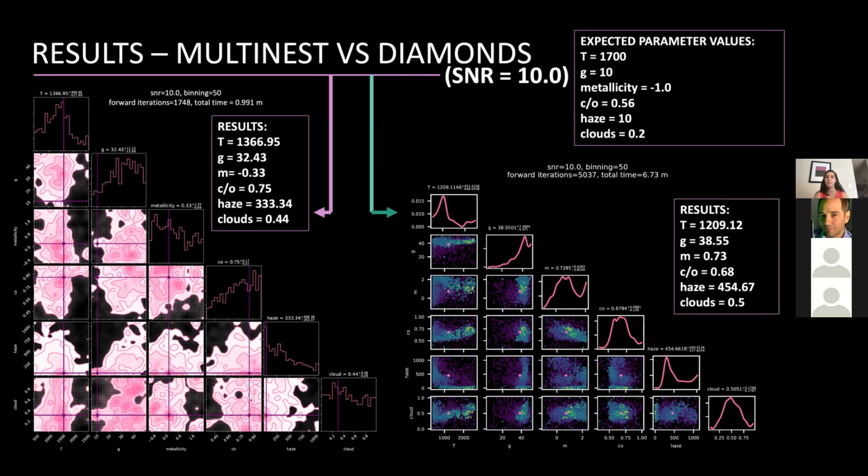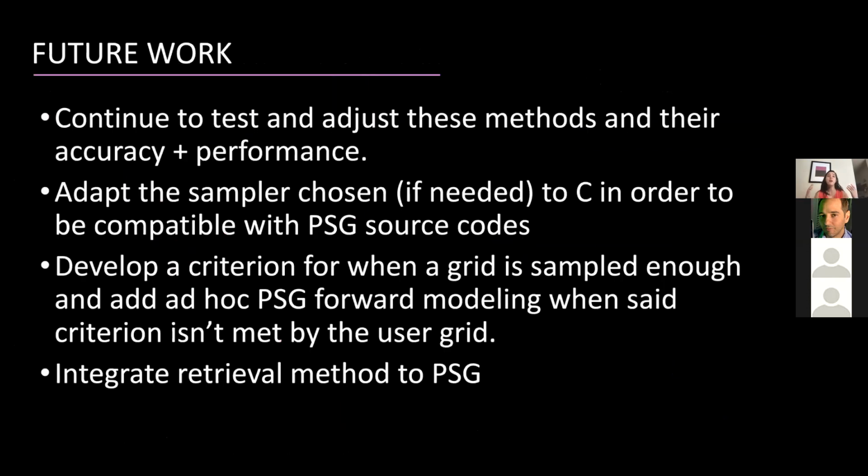In terms of future work, we want to continue to test and adjust these methods and their accuracy and performance. We want to adapt the sampler chosen, or we could just leave it open to any sampler that we might want to incorporate, in order to be compatible with the PSG source codes.